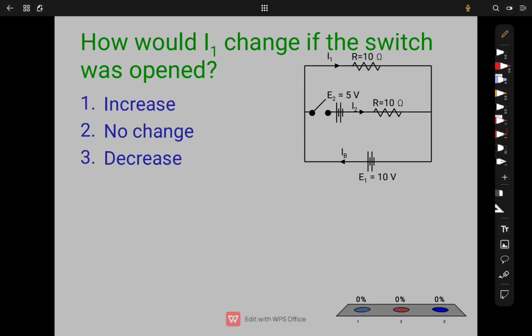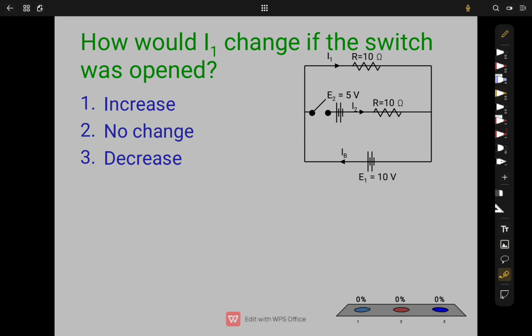Dito ang tanong naman, how would I1 change? Paano daw magbabago yung I1 natin if the switch was open? So dito, naka-open yung ating switch, di ba? So, is it I1 increase? I1 natin no change? Or yung I1 natin is magdi-decrease yung kanyang value?